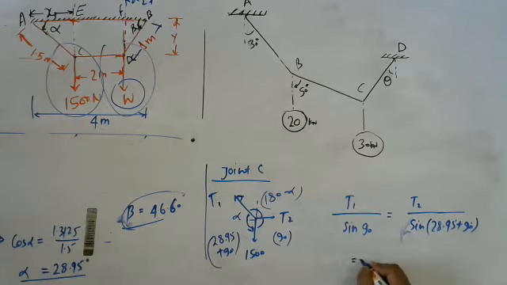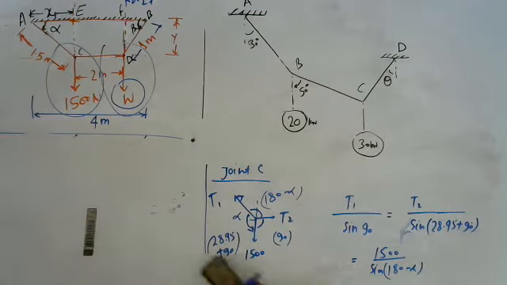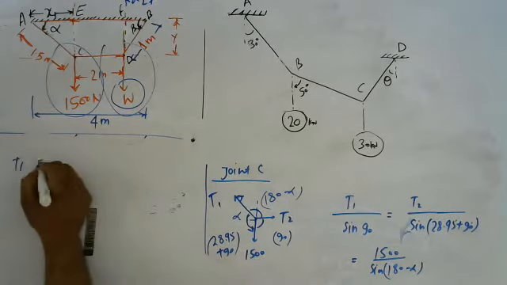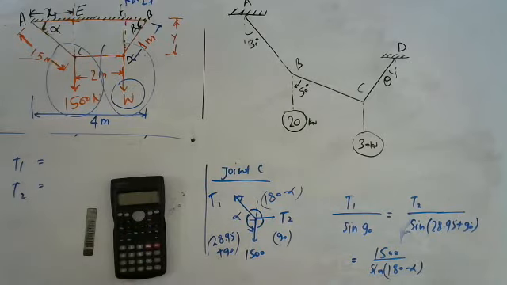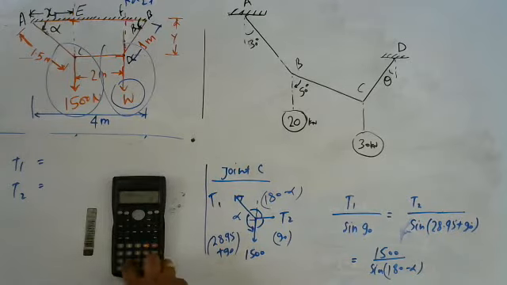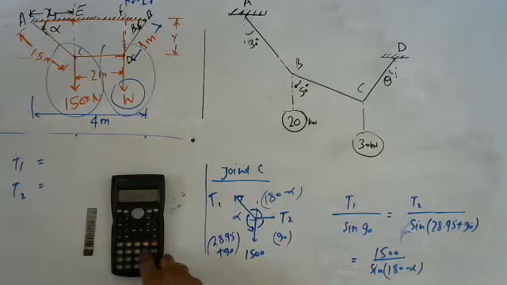And that will be equal to 1500 divided by sine (180 minus alpha). So from here we can get T1 and T2. So T1 is 1500 divided by sine (180 minus 28.95), into sine 90.